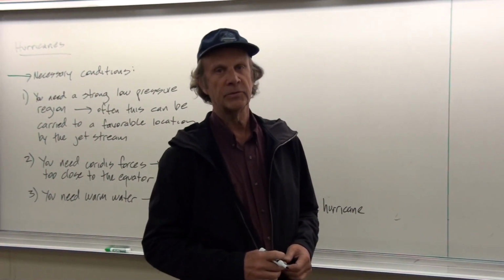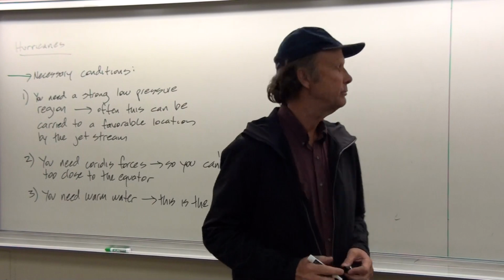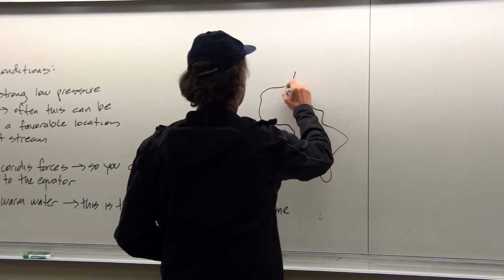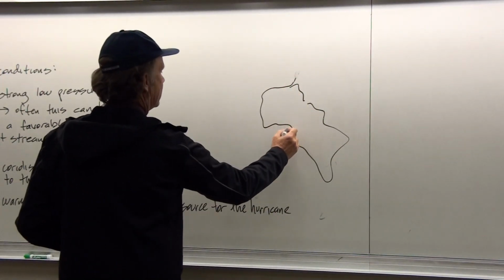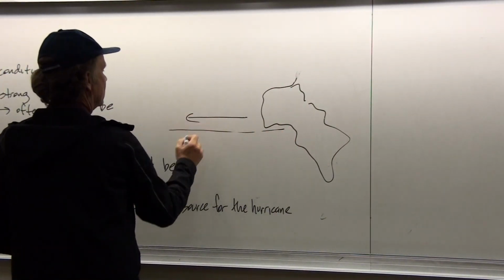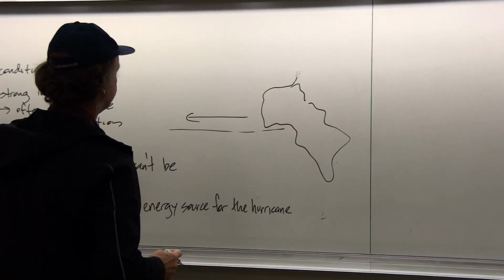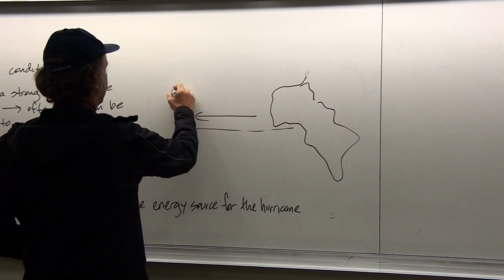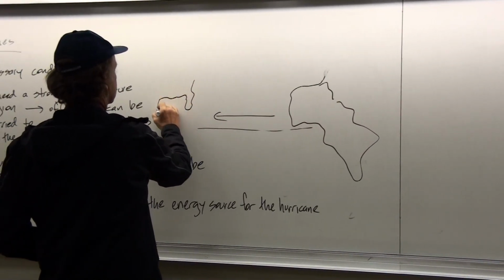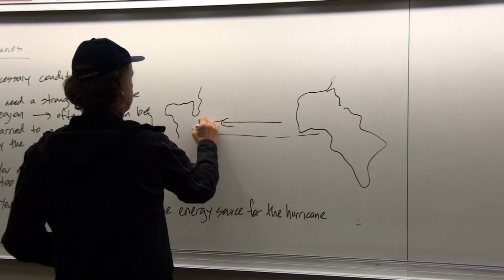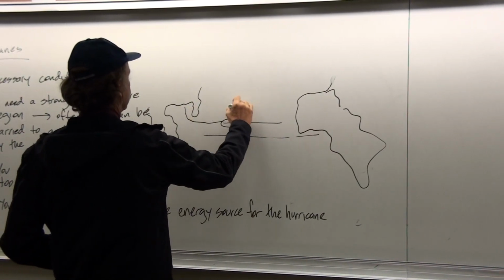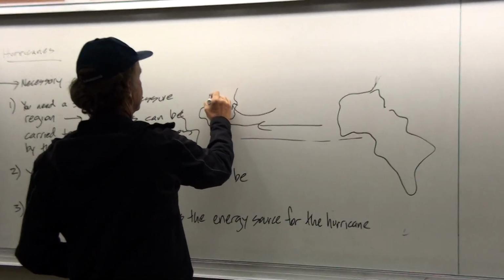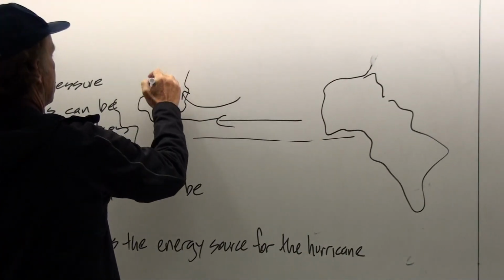And oftentimes we hear about hurricanes moving from Africa across the Pacific, carried by our trade winds, and then hitting the coast, for example here in Florida, or coming up and slamming into New Orleans.